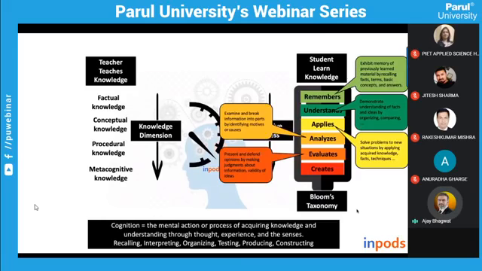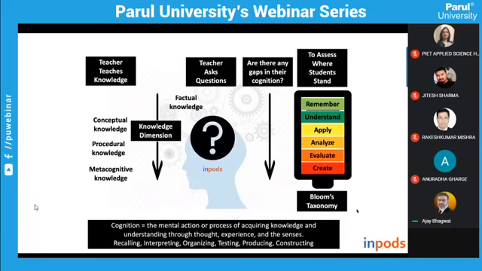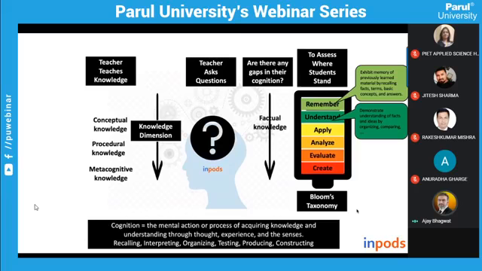The cognitive process can be evaluated by teachers by asking questions. And the idea here is that if the teacher is delivering factual knowledge, and wants to identify at what level the students have reached, then accordingly the framing of the question is important.